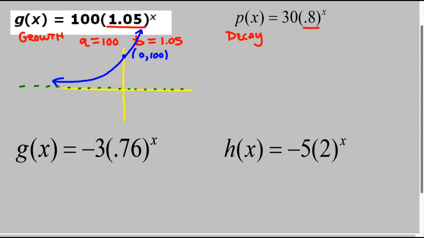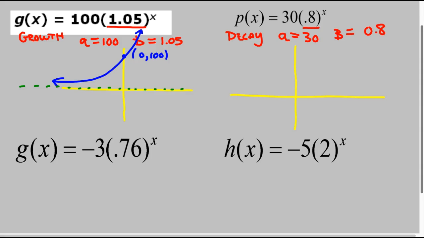So what's the initial value of this particular P of X? What's the initial amount? 30, and then the B value, it's like the decay factor would be 0.8 or 80%.